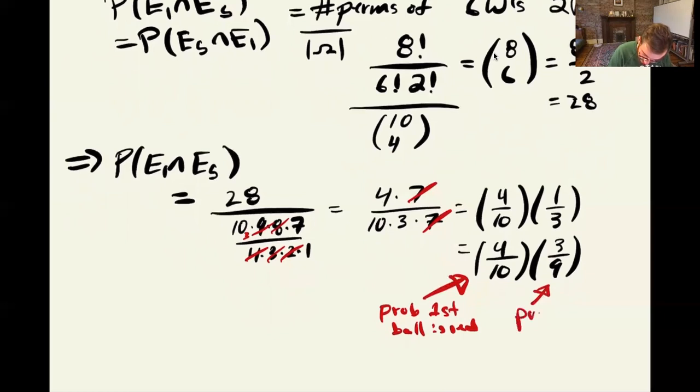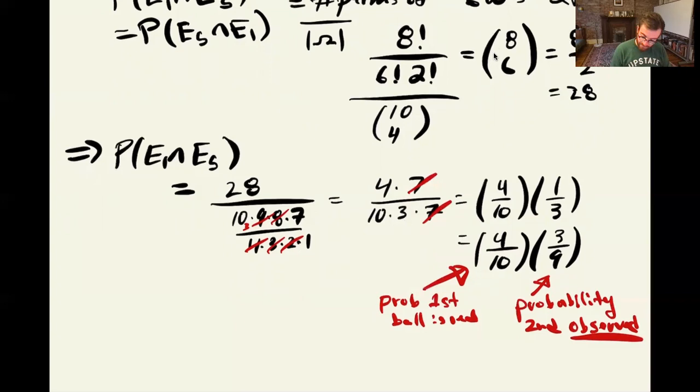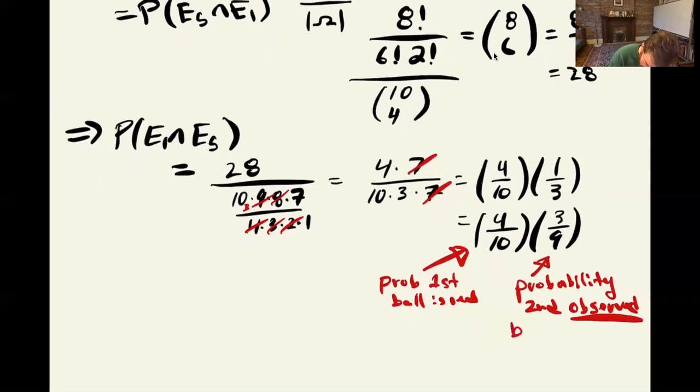This is the probability that the second, and I'll call it observed ball, because we didn't observe any of the balls between 2 and 4, is red, given that one red has been removed.